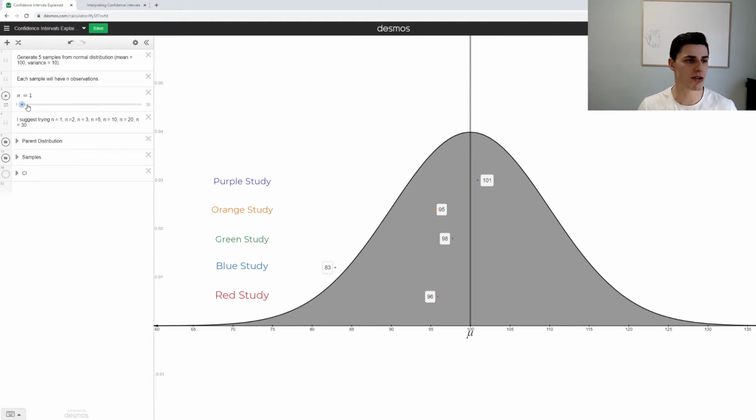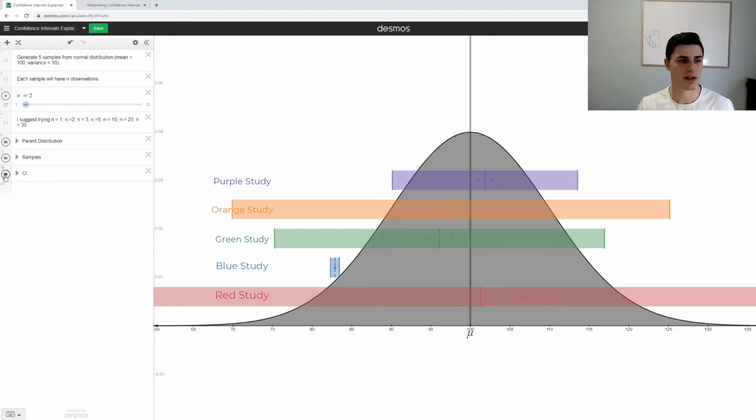So then if we measure another one, now we have 10 people in total, 2 in each study. So the red study here, you have a 96 and 107. Let's say you measured 2 IQs and what you could do is try to figure out their average, right? And compare that to the true population average of 100. So for example, if you have the averages, this is the dashed line between them.